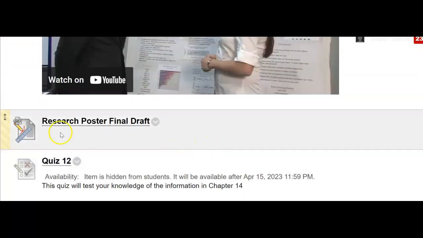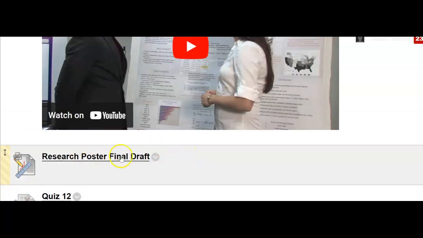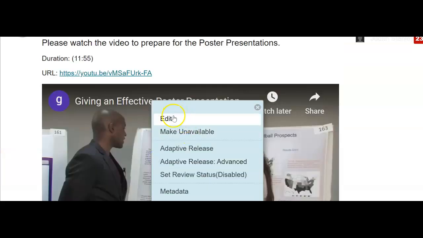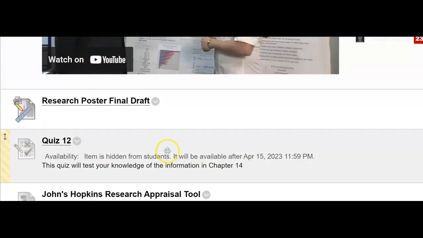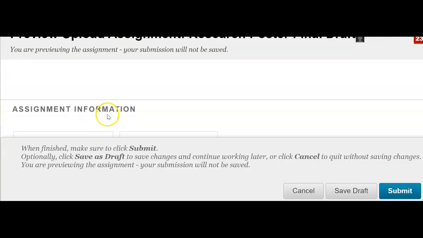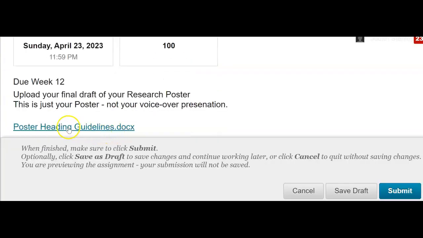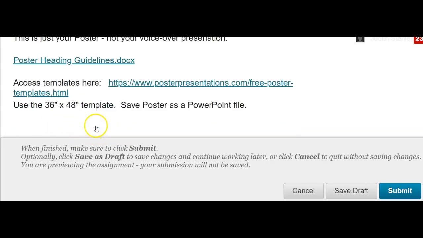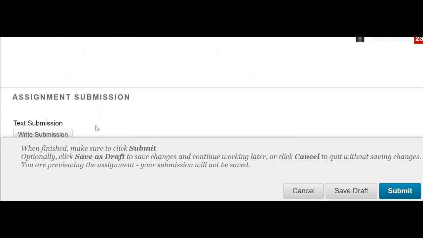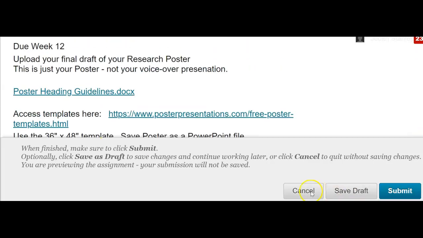And then you're going to do quiz number 12, and that's the information in chapter 14, and your final poster draft. So as you know, the information is within that final poster draft, and you can get the guidelines as far as what you need to include by clicking on here, and you're going to submit it.